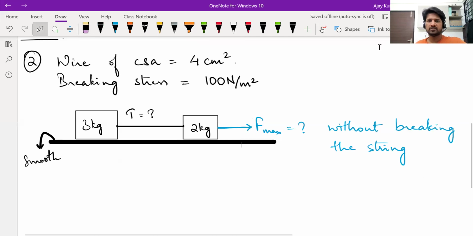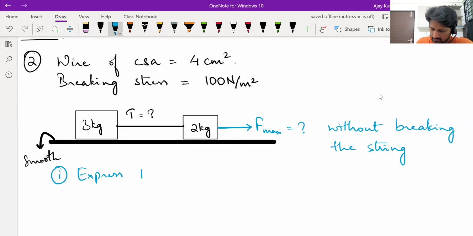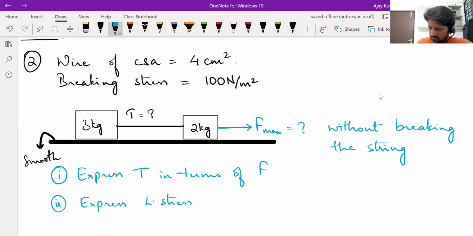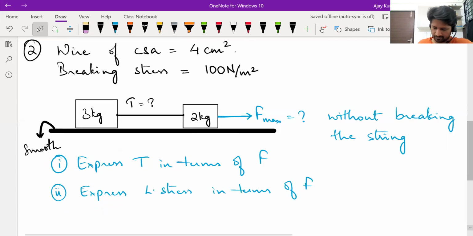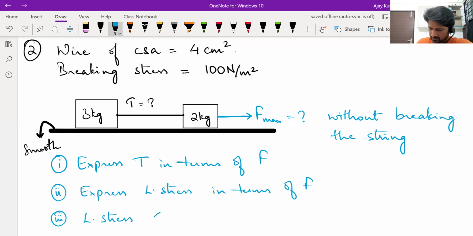Do this, all of you. I'll give you 3 minutes. Solve carefully. So the first step is to express T in terms of F. Next step is to express longitudinal stress in the string in terms of F. And the third step is to just write that longitudinal stress should be less than or equal to 100 Newton per meter square.